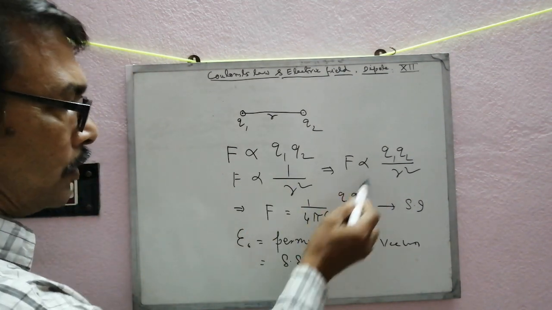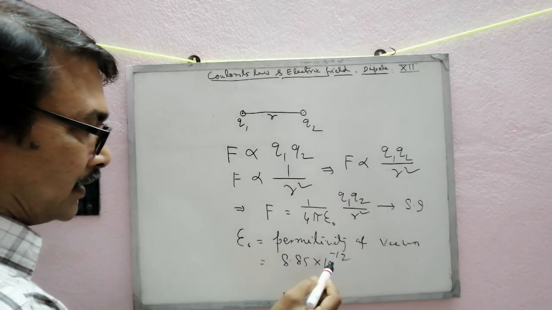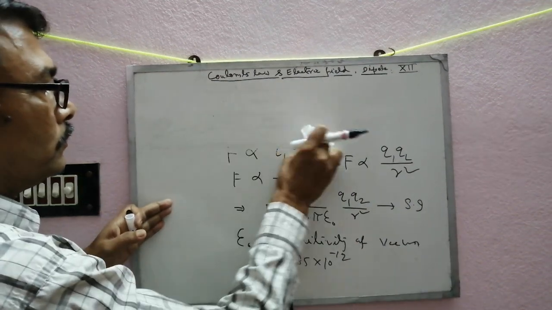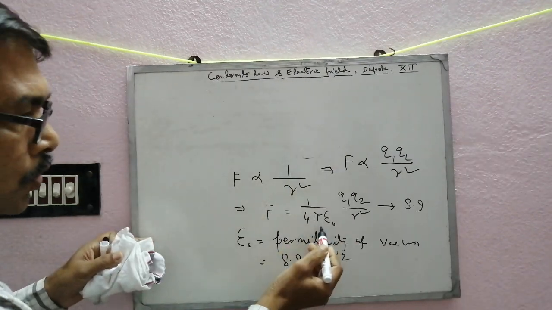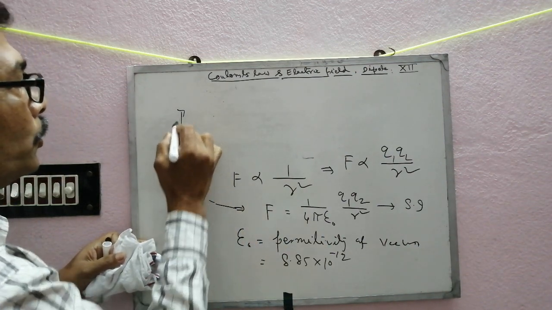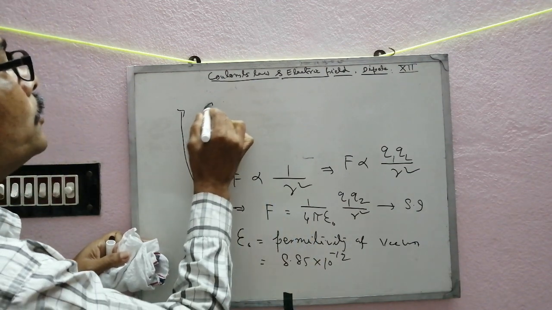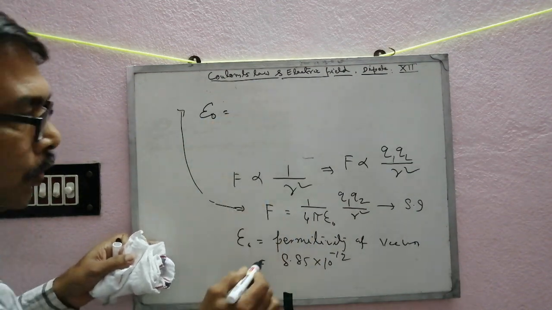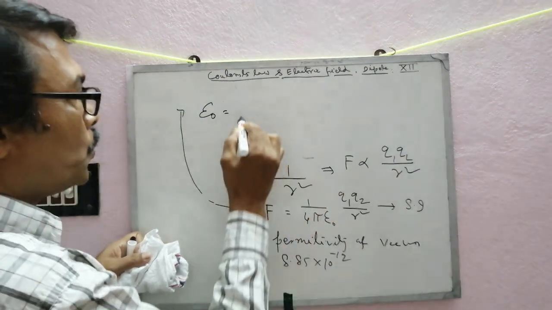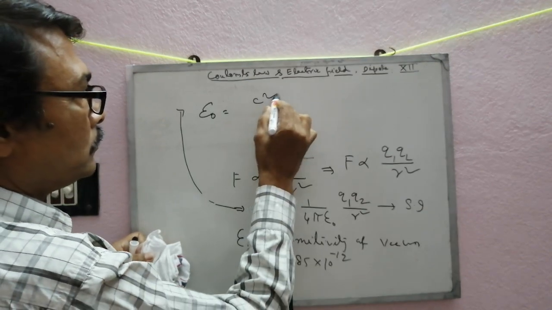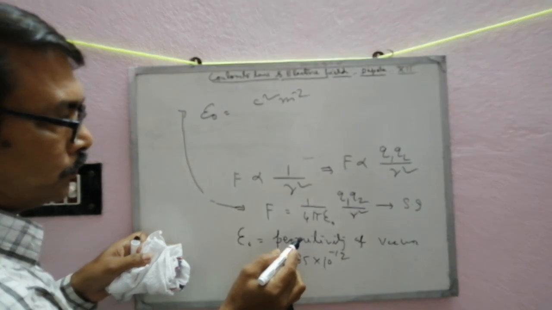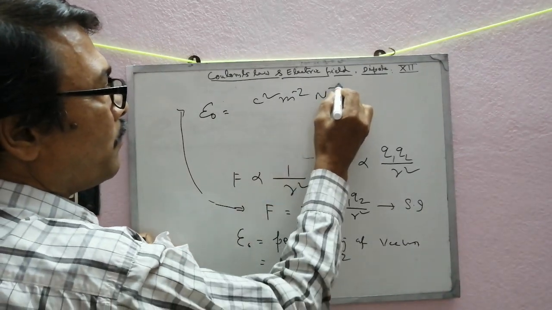From this equation, we get the unit of epsilon naught: Coulomb square, meter to the power minus 2, Newton to the power minus 1.